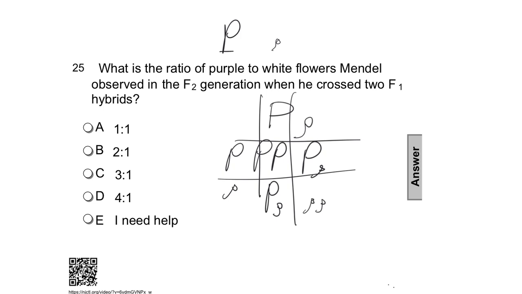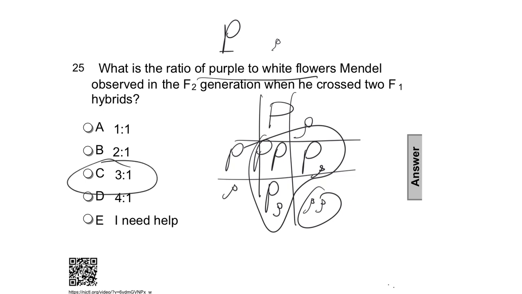So again, that would be purple to white. You got 75% purple, 25% white, or 3 out of 4 to 1 out of 4 ratio. So it's that one. 3 purple to 1 white.